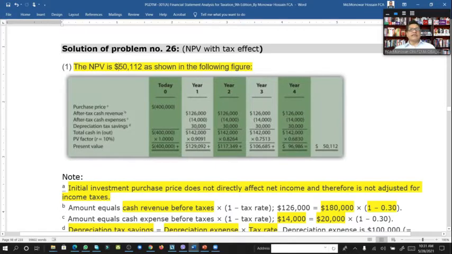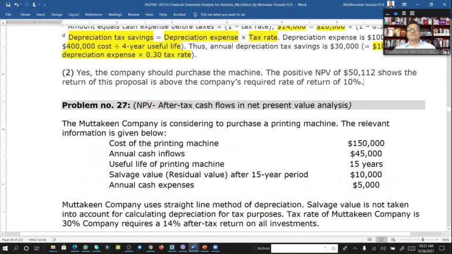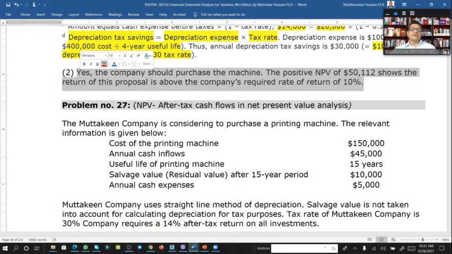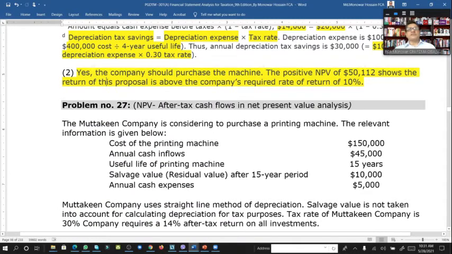So this is how we calculate the NPV. Now the decision for the project: yes, the company should purchase the machine. Why should it purchase?